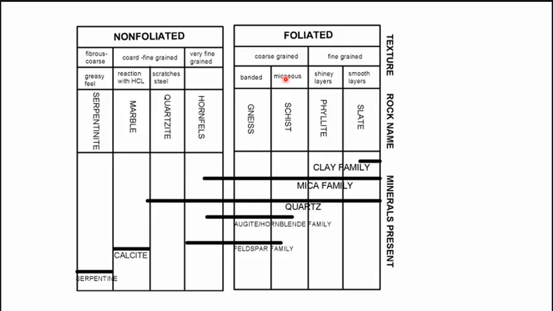Schists are generally micaceous, so I'm going to see the micas in it. Phyllite has shiny layers. Slate has smooth layers. You're going to see it later. For non-foliated, the hornfels are fine-grained. The marbles and the quartzite are coarse to fine grain. Then serpentinite is fibrous. You are going to see what fibrous is when we start explaining textures. I think that will be next year.